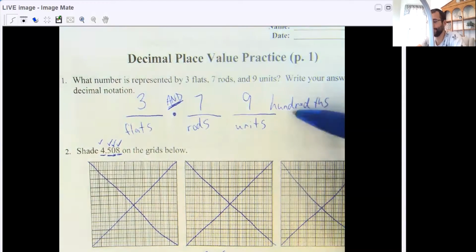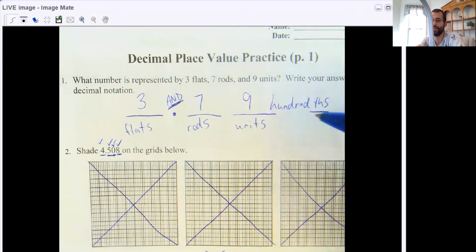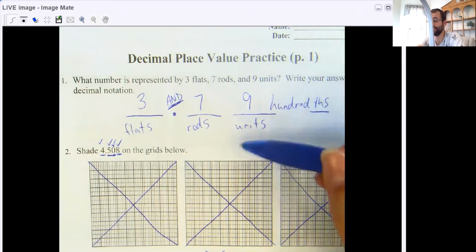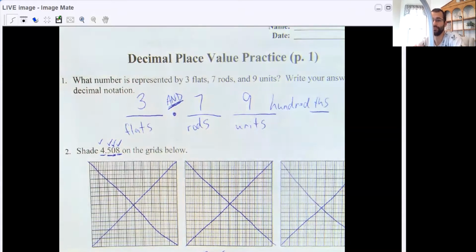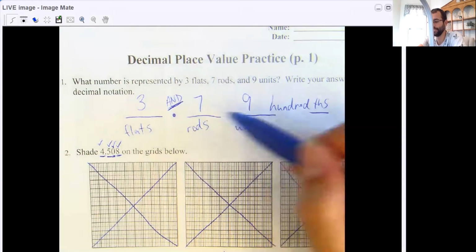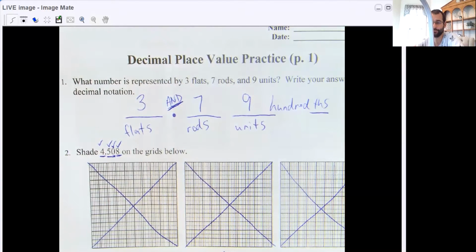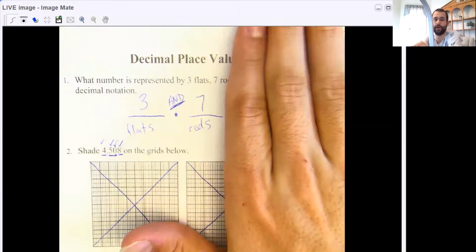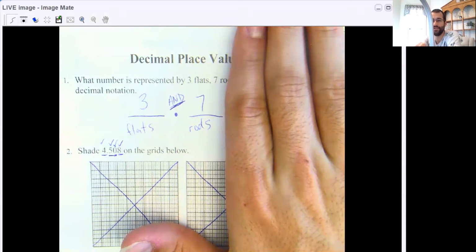And then what place value does it end in? It ends in the hundredths place value, 2 places from the decimal. Okay? Let's say that I took this part off. Let's see how that would be different.